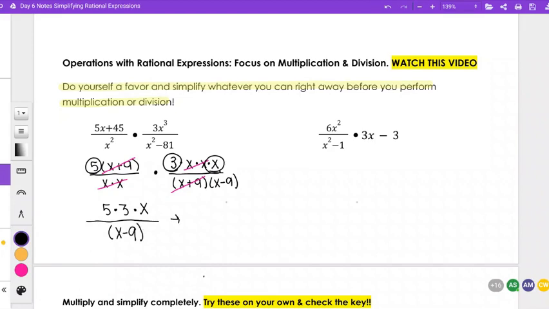Now, when we write our final simplification, we always want to put it in standard form. 5 times 3 times x is 15x, and x minus 9, because of the subtraction, needs to stay together. There's really nothing else that can be simplified besides 15x in our numerator and x minus 9 in our denominator.